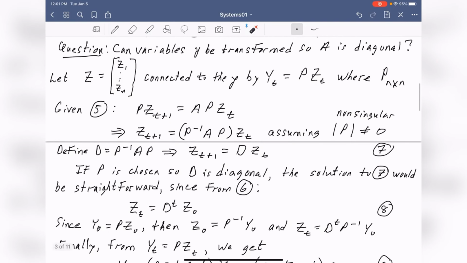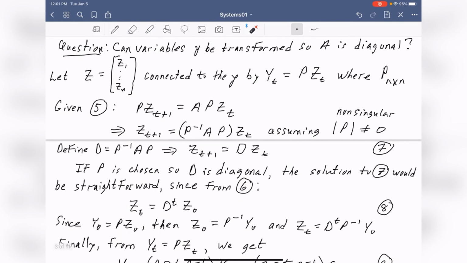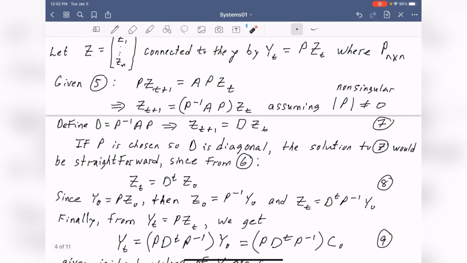Given equation 5, we then rewrite that as P Z(t+1) = A P Z(t), where A is our original matrix. So Z(t+1) is given by P^-1 A P Z(t). What we do is pre-multiply both sides by P^-1 to get rid of the P on the left-hand side, assuming that P is non-singular, which means that the determinant is not equal to 0.